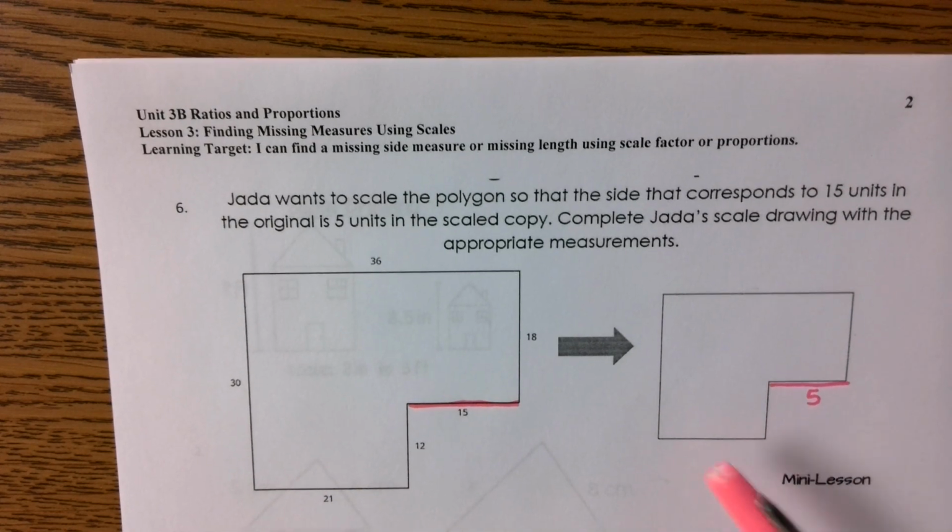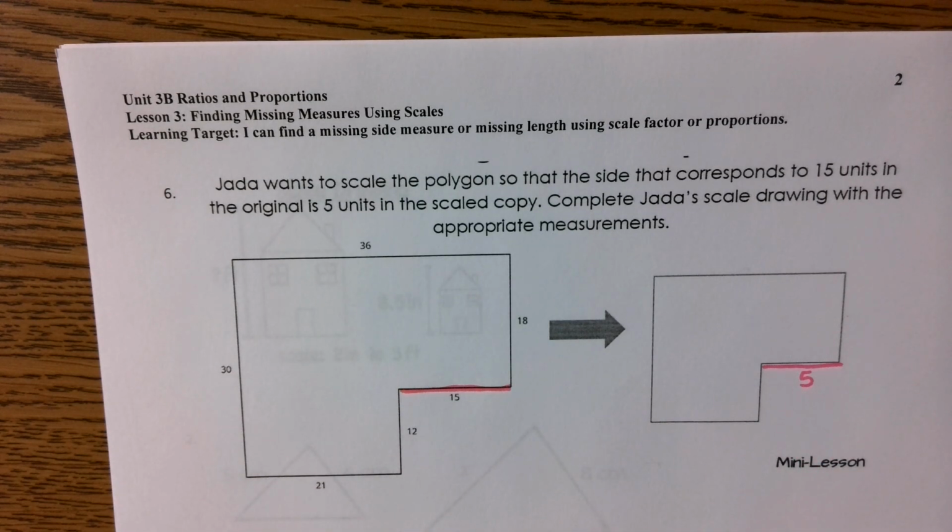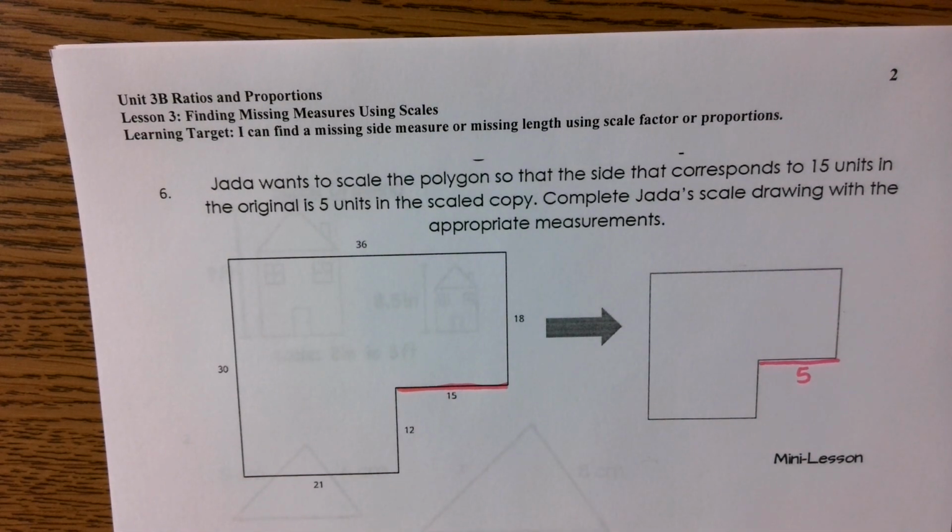We want to know what the rest of these measurements are going to be. We could set up a proportion, or, because this is an easy way of looking at it, we're going from 15 to 5, so what are we scaling it down by? A third, right? We're taking a third of the measurement. We're scaling it down by 1/3, or multiplying every measurement by 1/3.